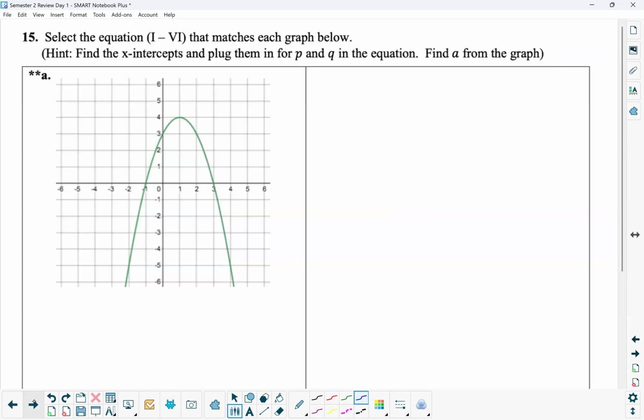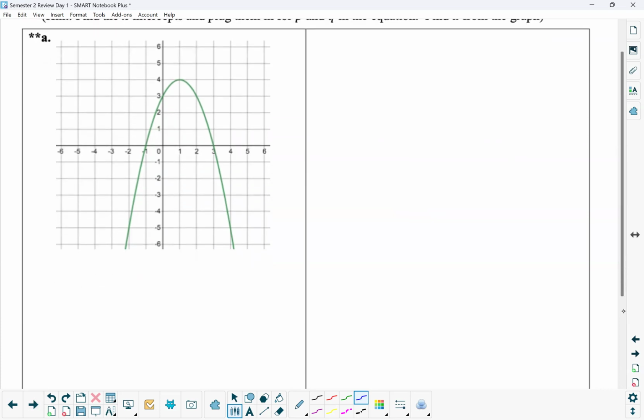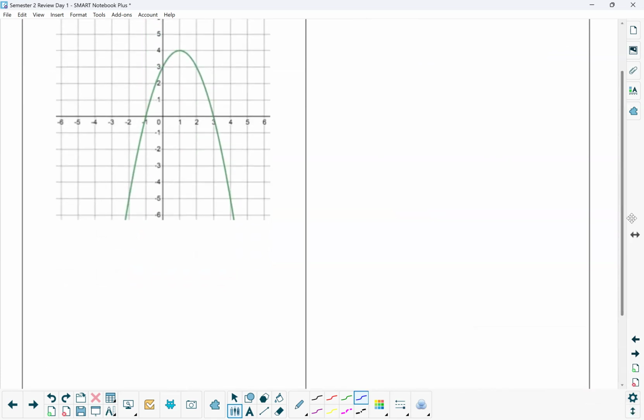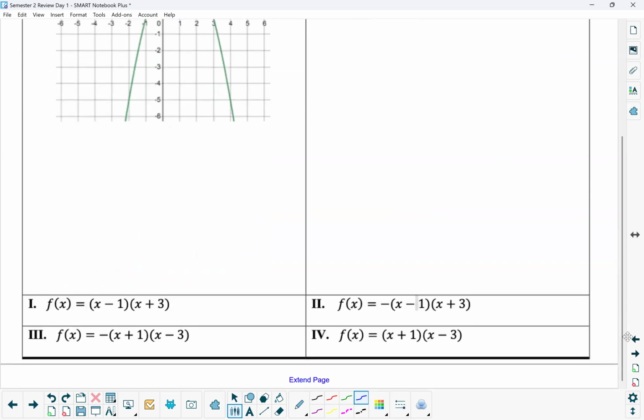For number 15, we're just selecting the equation below that matches each graph. It says find the x-intercepts and plug them in for p and q, and that might help, and find a from the graph. So there are my options. In this case, I know because it opens down, a has to be negative. So for this first one, I can eliminate 2 and 4.